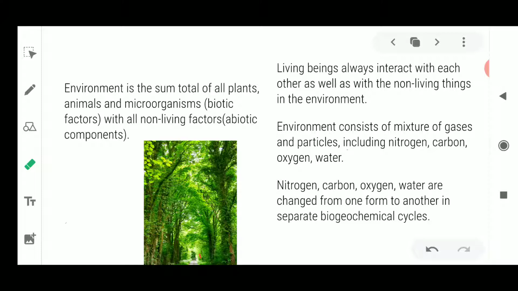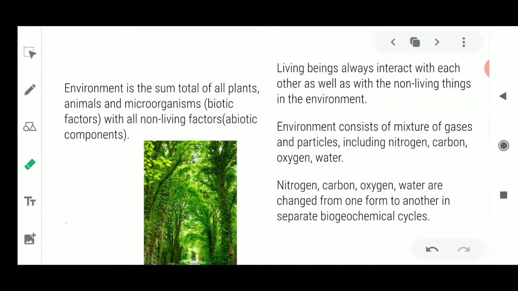So when the environment consists of a mixture of gases, from where are these gases coming? They are just coming from the environment. Once they are coming from the environment, they need to change from one form to another form, and they change in a cyclic manner, meaning once they are over, again they are going to come back.